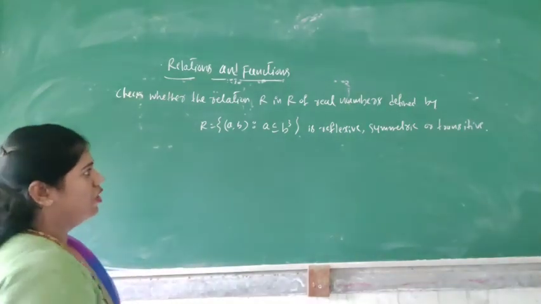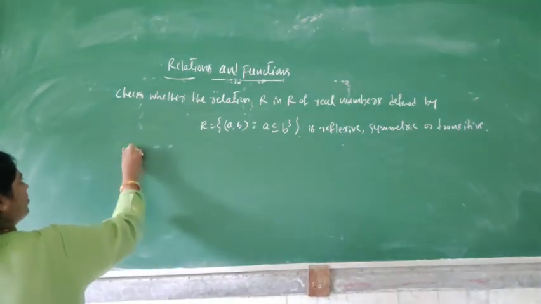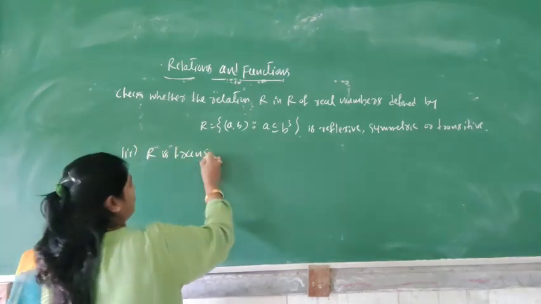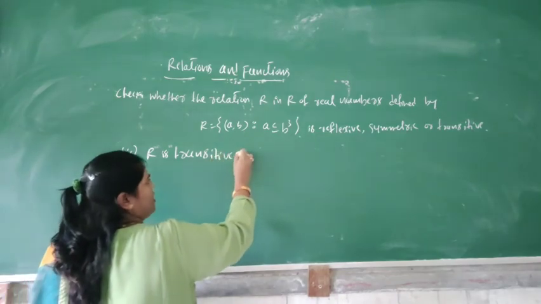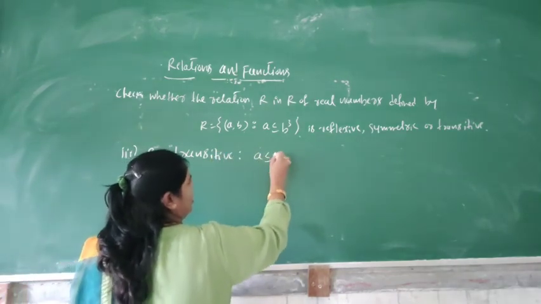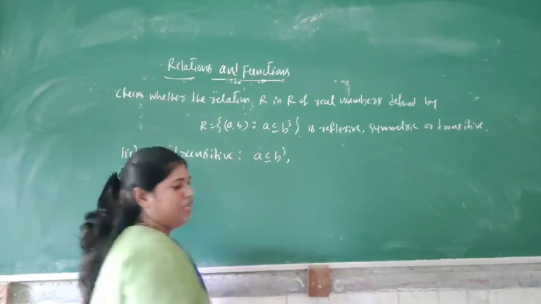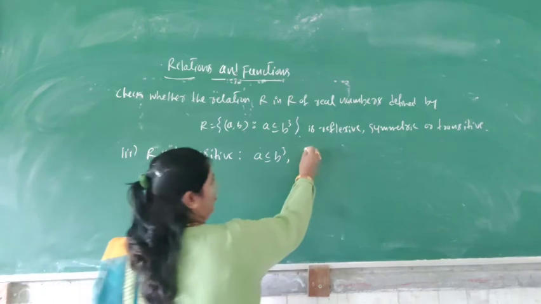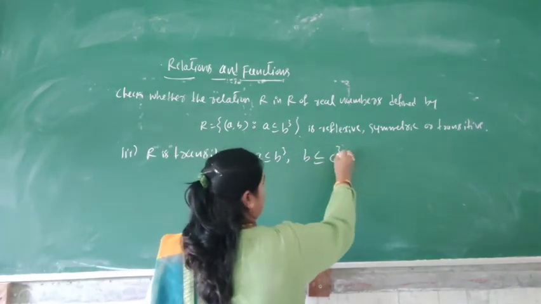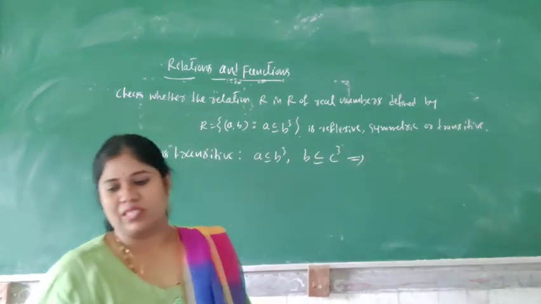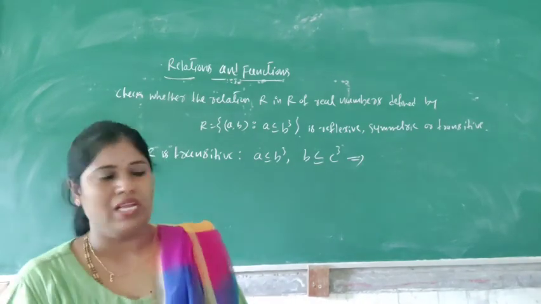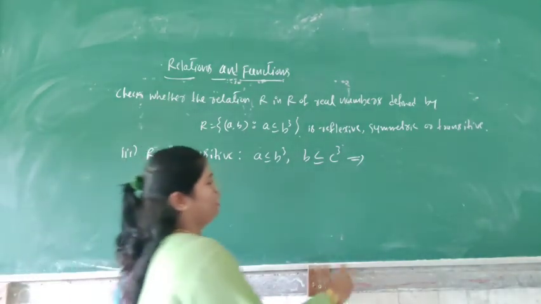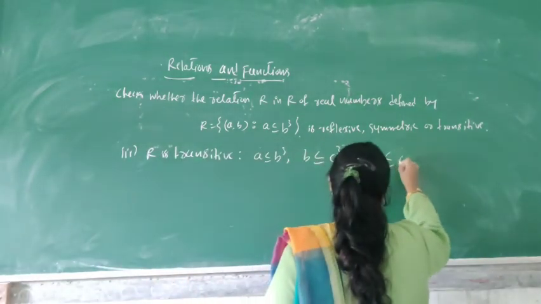What is next? We have to check R is transitive. What is the transitive relation? A is less than or equal to B cube, and B is less than or equal to C cube, implies A should also be less than or equal to C cube.